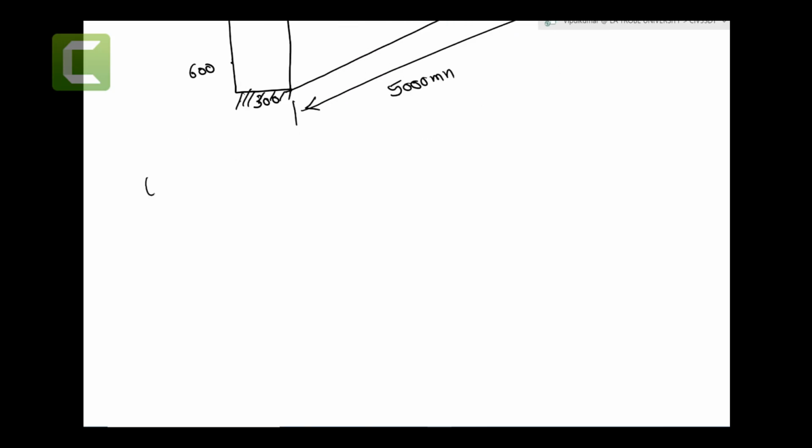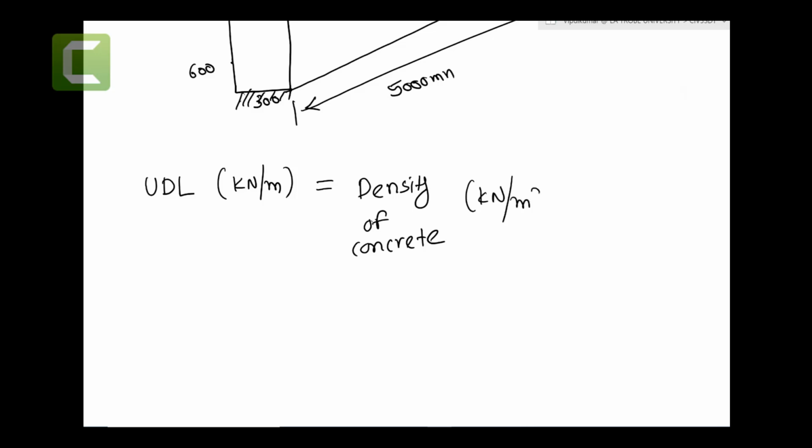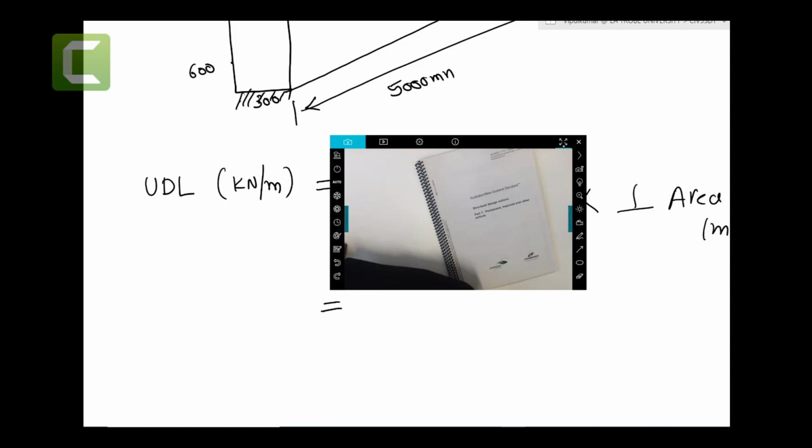So if you want to calculate the UDL, uniformly distributed load, in kilonewton per meter, I would have the density of the concrete, because it's a concrete material, let's say in kilonewton per meter cubed, times the perpendicular area where I want to calculate the UDL load. Now for the density of the concrete, we're going to use the Australian standards.